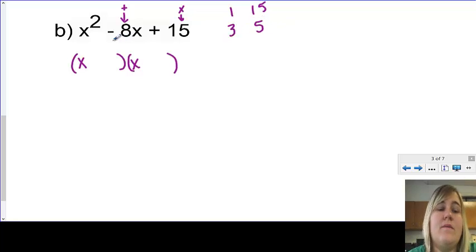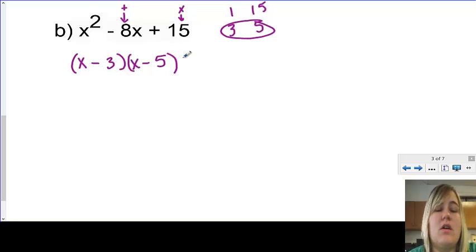Now the key here is that I have to add to get a negative but multiply to get a positive. So whenever I multiply to get a positive and add to get a negative, that means that both of them are going to have to be negatives, because a negative times a negative will get me a positive. And that's what I need. So that means that negative 3 plus negative 5 is going to be what I plug in here.